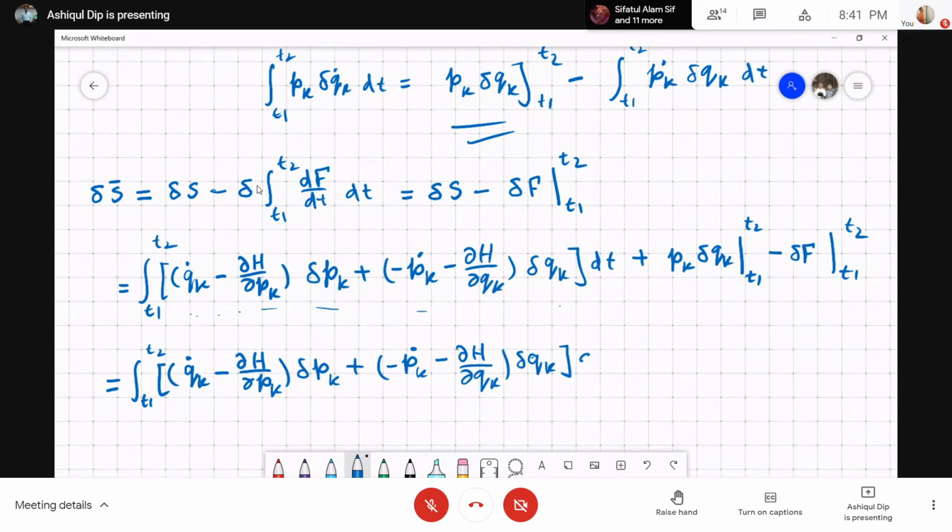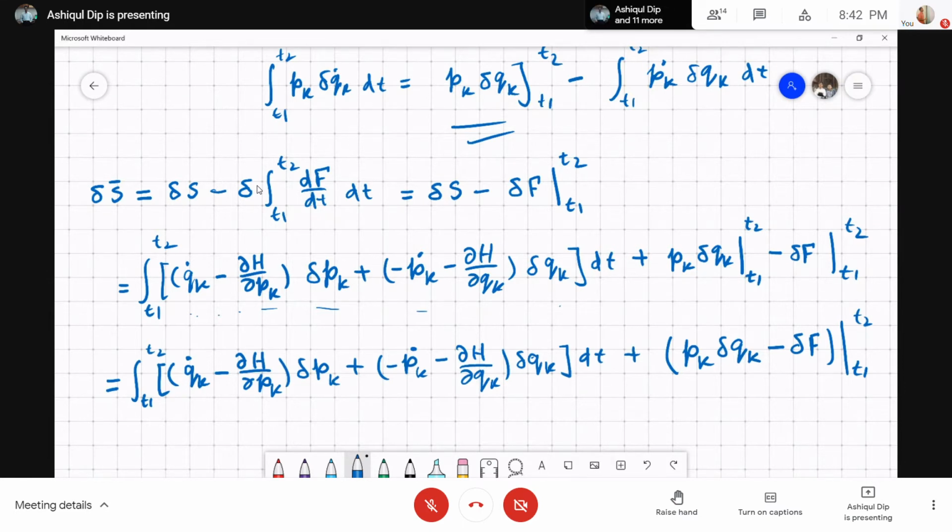So this is that part. And also we have a boundary term, that is p_k variation q_k minus variation f, evaluated T1 up to T2, like that.